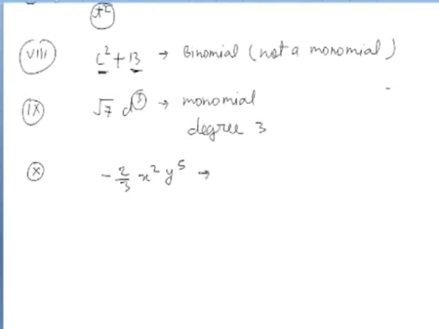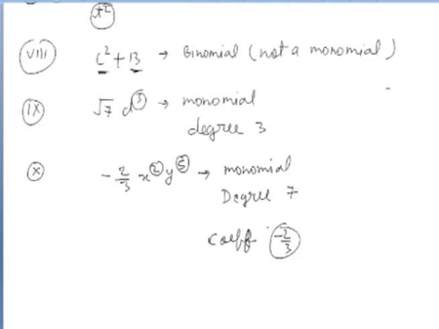So this is a monomial, and degree is 2 plus 5, which is 7. Degree is 7. So in this way we have to find the degrees of monomials. The numerical coefficient here is minus 2 by 3, and in the previous one the numerical coefficient is root 7.